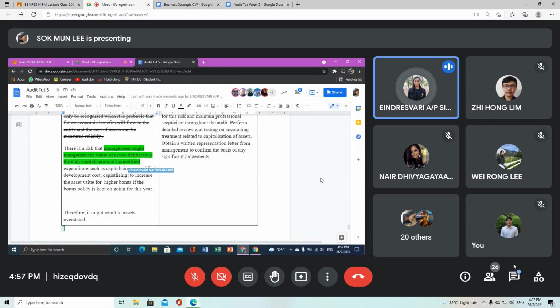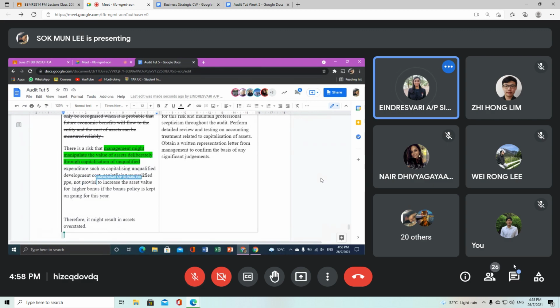Capitalizing unqualified PPE, and then not providing AFDD, and they also did not write off or write down the value of damaged inventory.